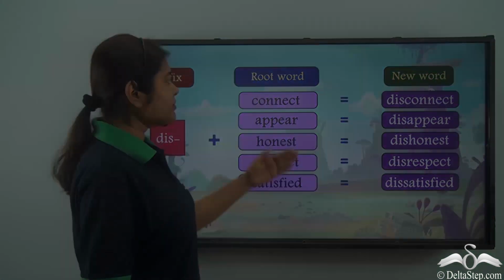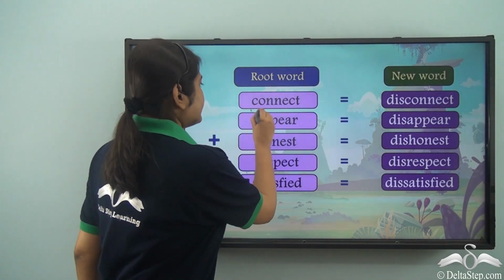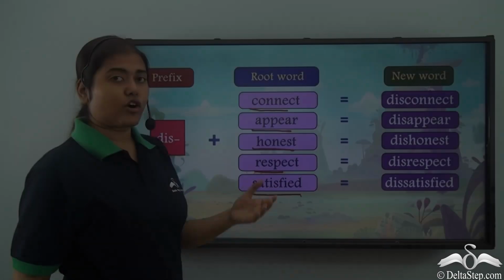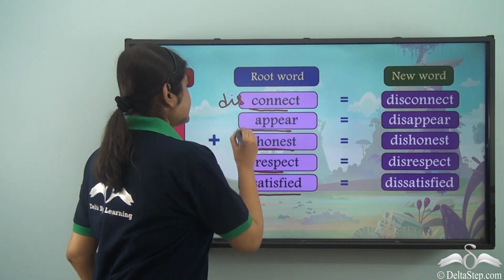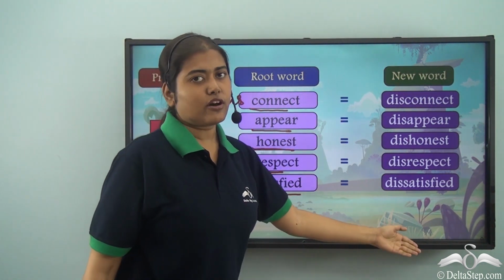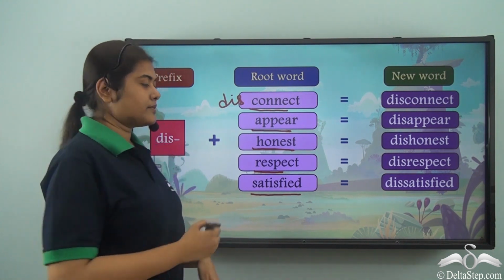And how are they formed? By adding this before the words connect, appear, honest, respect, and satisfied. So what we have done is just adding this before the main word, and it gives us the new set of words. So you can see how easily we can form the antonyms.